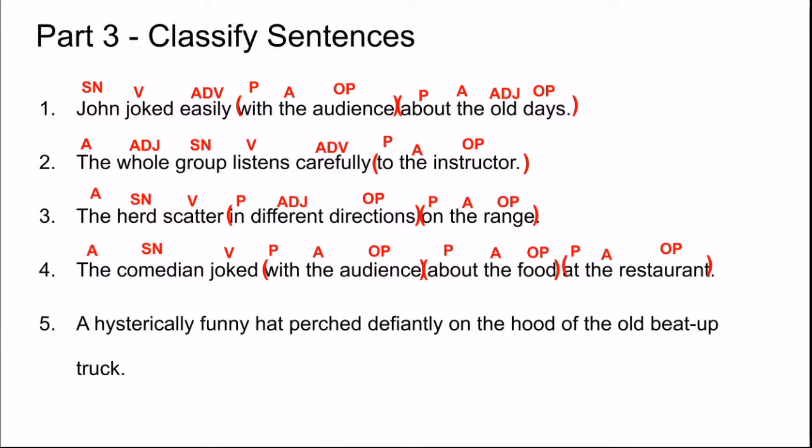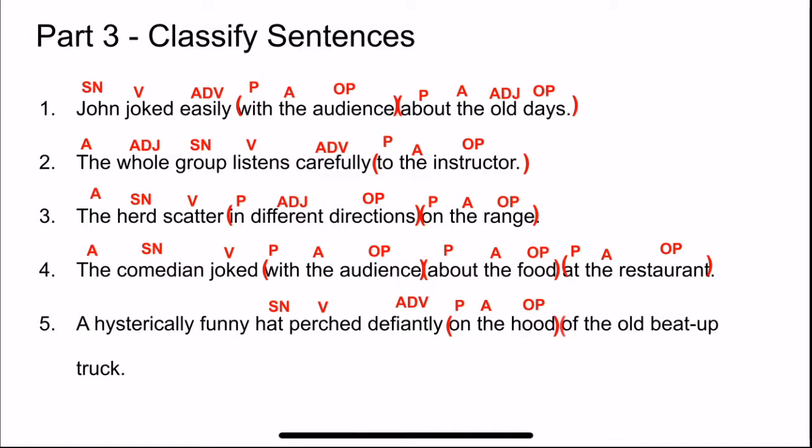And the last one, a hysterically funny hat perched defiantly on the hood of the old beat-up truck. Okay, what perched defiantly? Hat, subject, noun. What is being said about the hat? The hat perched, verb. Perched how? Defiantly, adverb. On the hood is a prepositional phrase. On, preposition. On what? Hood, object of the preposition. The article, adjective.